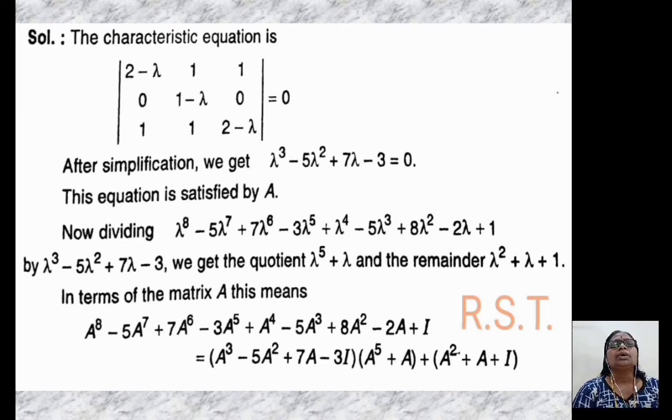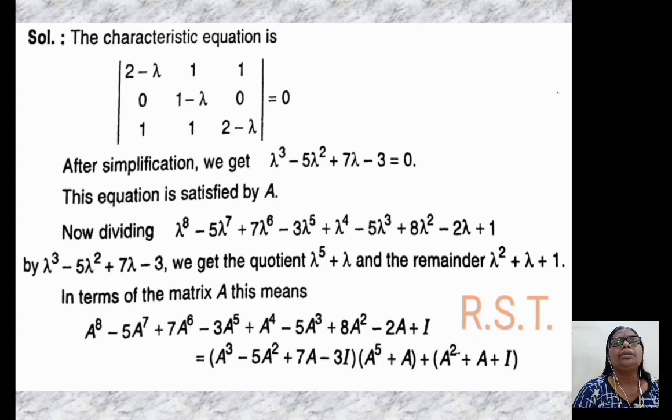Like this, we divide here the given term lambda raised to 8 minus 5 lambda raised to 7 plus 7 lambda raised to 6 minus 3 lambda raised to 5 plus lambda raised to 4 minus 5 lambda raised to 3 plus 8 lambda square minus 2 lambda plus 1 by lambda cube minus 5 lambda square plus 7 lambda minus 3.